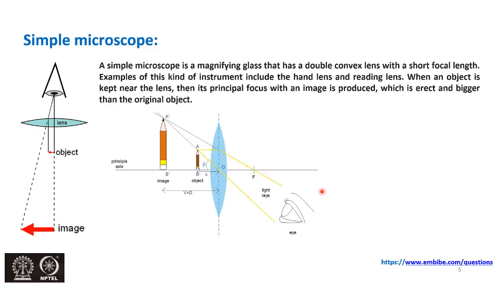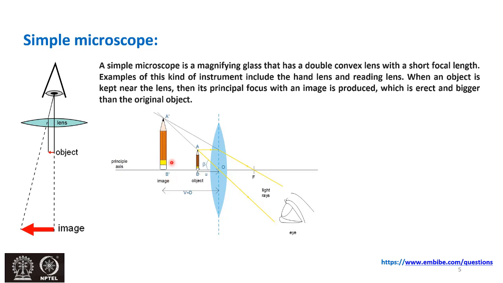A simple microscope uses a lens and an eyepiece. Here we have a simple microscope which has only one lens. If we put the object in between the focal plane, within the focal length, we get a bigger image that is virtual but magnified.